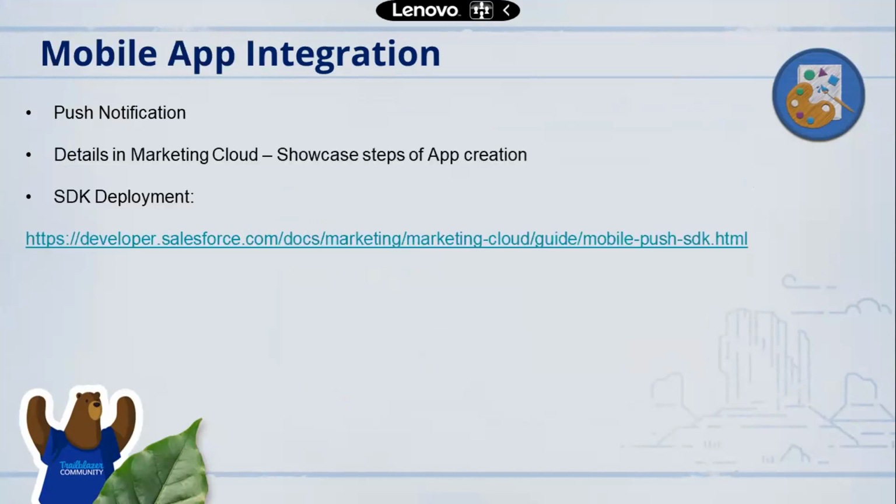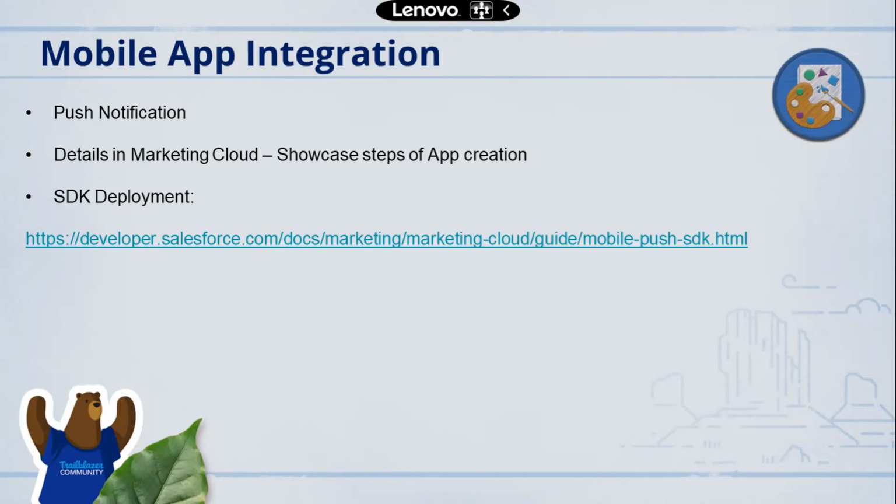Then there is also where you can integrate your app. Say you have an Android based app or an iOS based app, and you want to use that for sending out push notifications as a part of your campaigns and your overall MarTech stack or marketing journey. You can integrate your app by deploying the SDK.